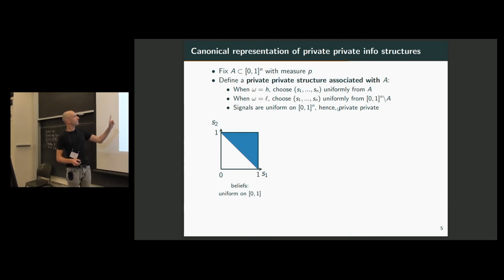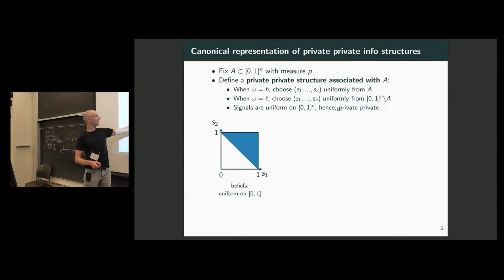And actually, it's very easy to compute what kind of beliefs the corresponding structure induces. So for example, I'm the first agent, and I get signal S1 that is equal to this particular point. Then my belief induced by this signal is just the fraction of the blue set in the corresponding vertical slice. In particular, this information structure induces beliefs that are uniform on [0, 1].